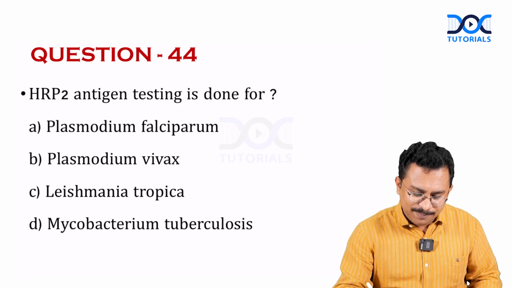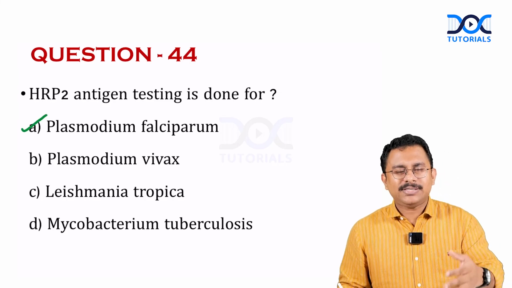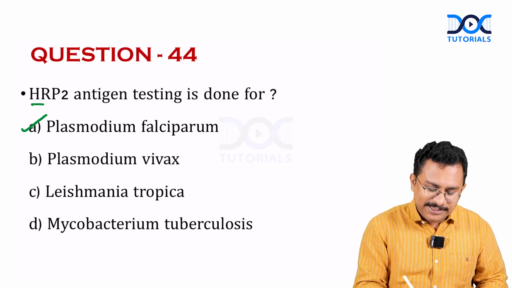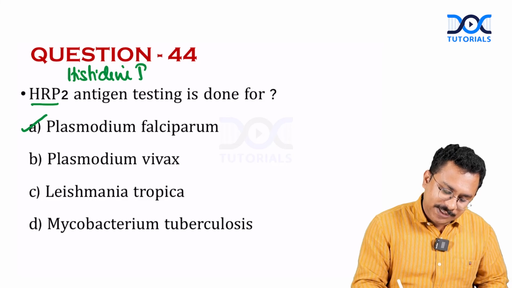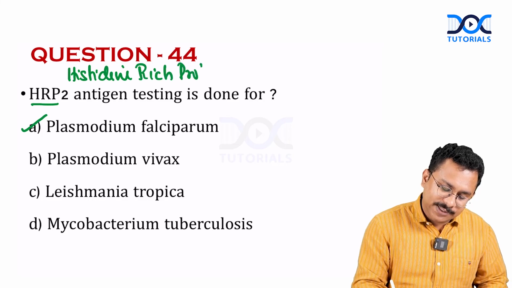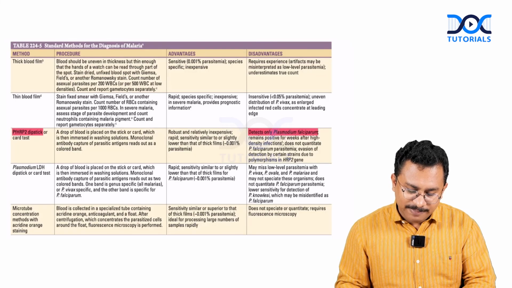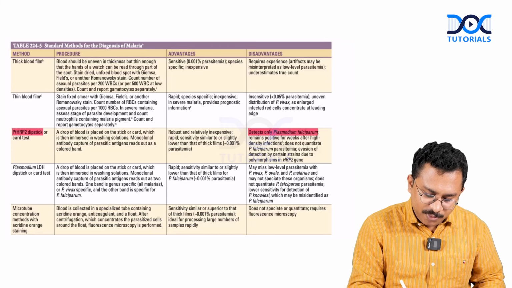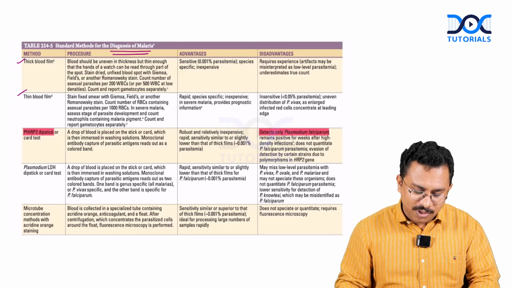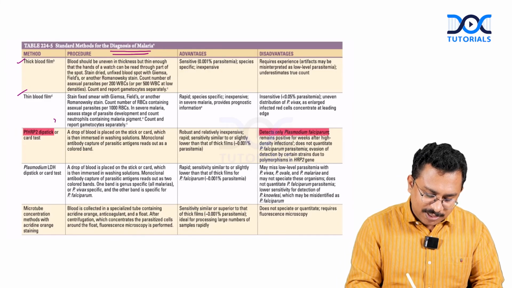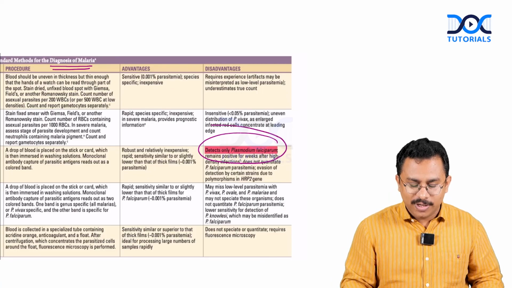Okay, right. Next question, HRP2 antigen is done for? Well, it's again a simple question. This is Plasmodium falciparum. This is sometimes discussed with the microbiology part as well. HRP stands for histidine-rich protein. If you look at this table in Harrison on the methods for diagnosis of malaria, in addition to the thick blood film and thin blood film, you have a dipstick test for HRP2, and you can see that this is going to detect only Plasmodium falciparum.